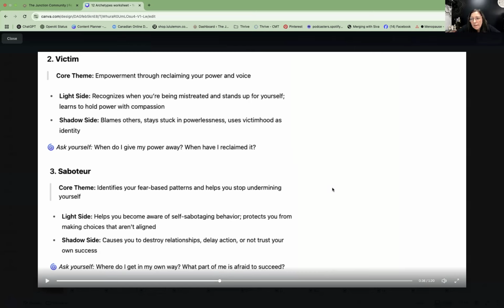But the light side of victim recognizes when we are being mistreated. We stand up for ourselves. We learn to hold power with compassion. So that victim energy can come like a pancake where you get both, or it really could be you've overcome things and are feeling the power that this victim energy is.